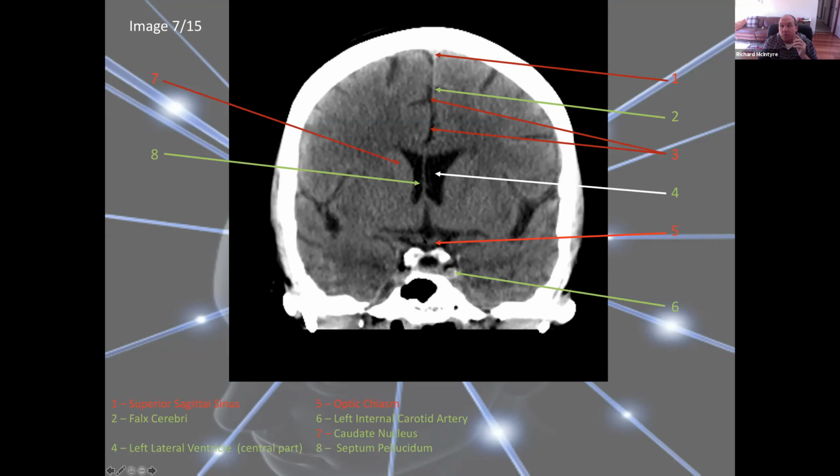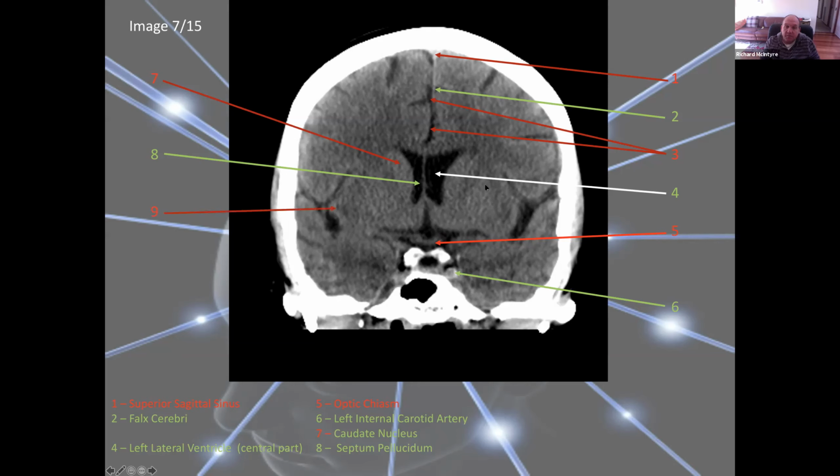So we know that the nerves from the eyes come back to the optic chiasm and then they cross over. Okay, so you can see that really well. And you can also see the left internal carotid artery as it's cut, as it's horizontal at that section, and we see it cut in that section.